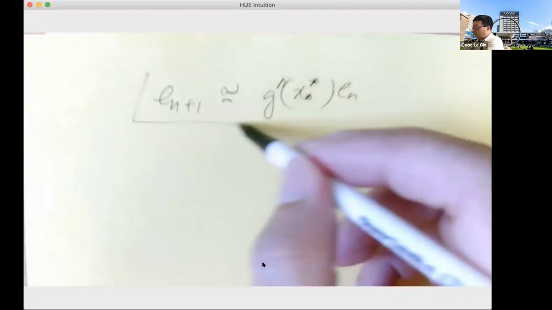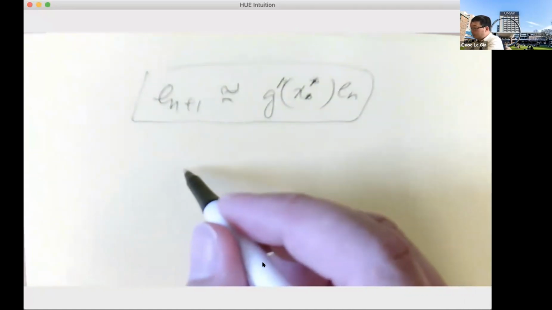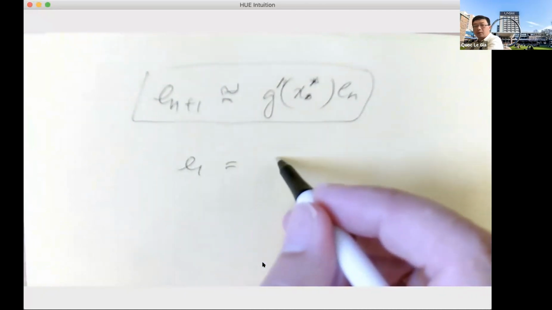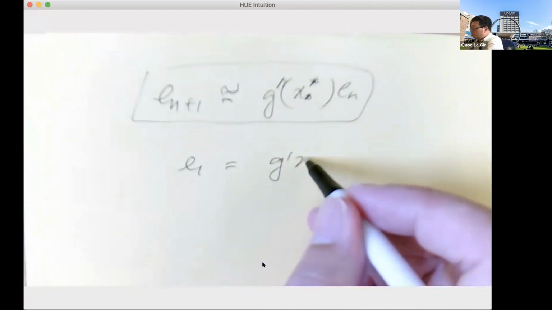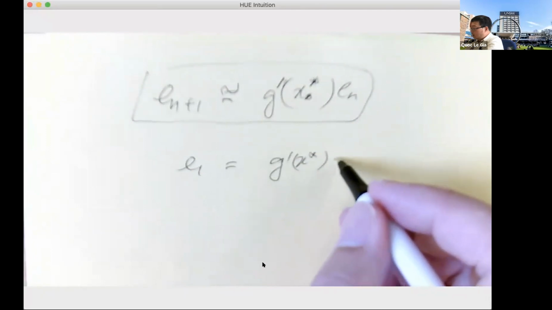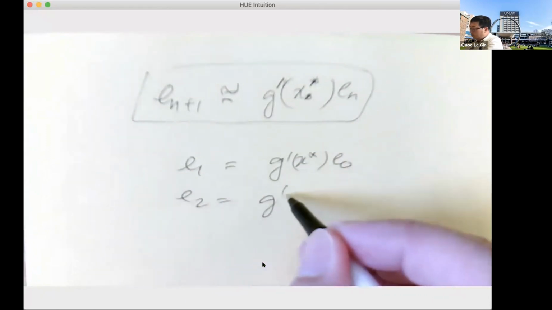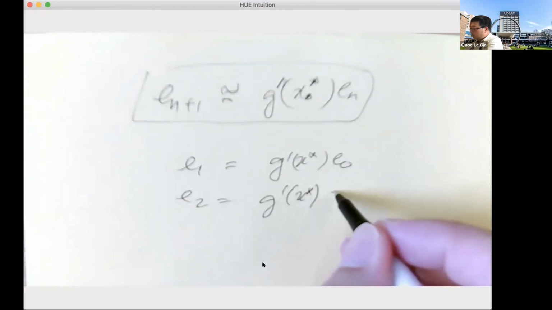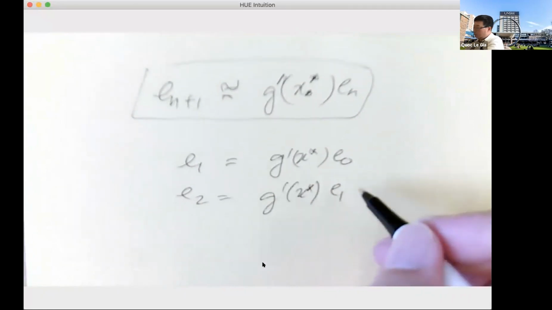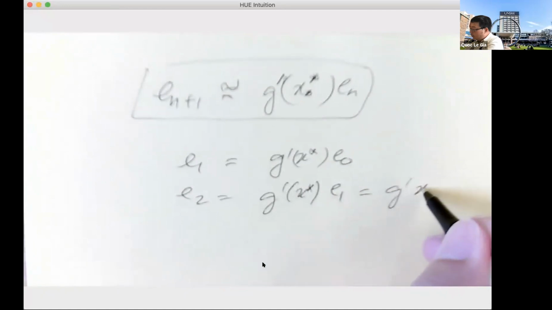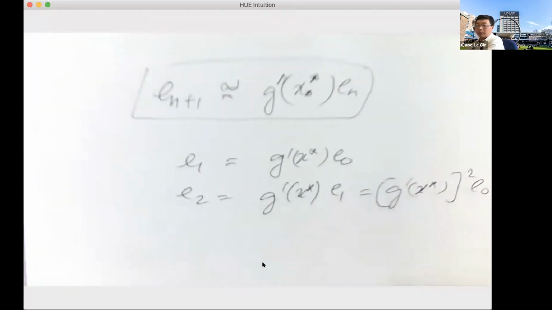And so now you can have e_1 equal g'(x*) e_0, and then e_2 equal g'(x*) e_1, which is g'(x*) squared e_0.